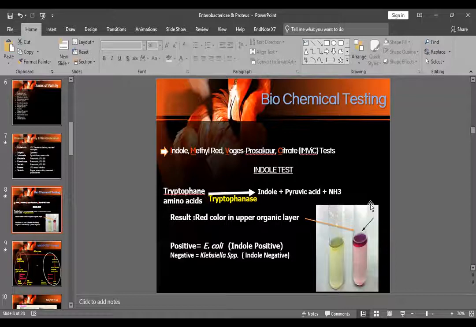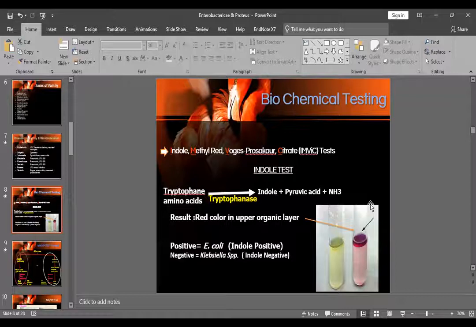So it will show the production of indole by the bacteria, due to the presence of tryptophanase. Okay, so not all bacteria of the Enterobacteriaceae family can produce tryptophanase.